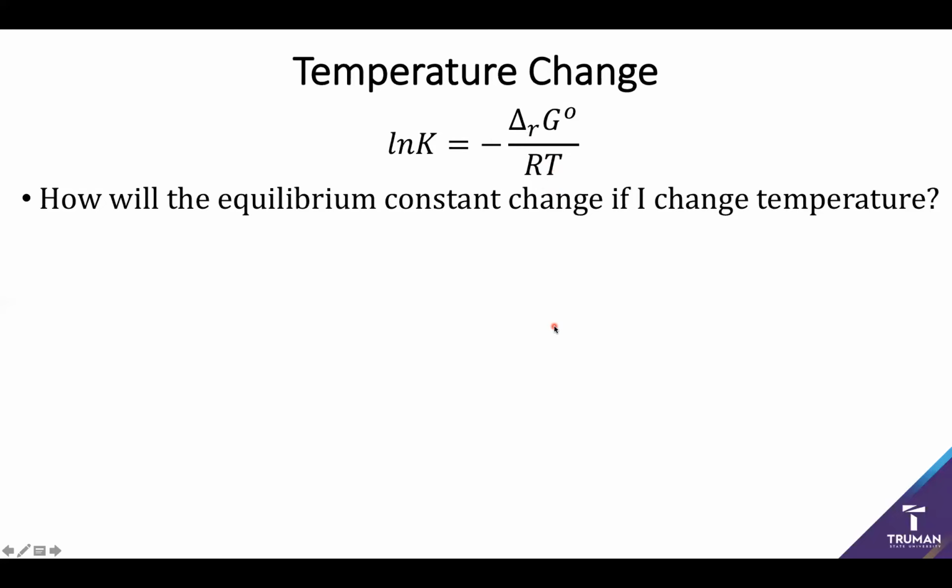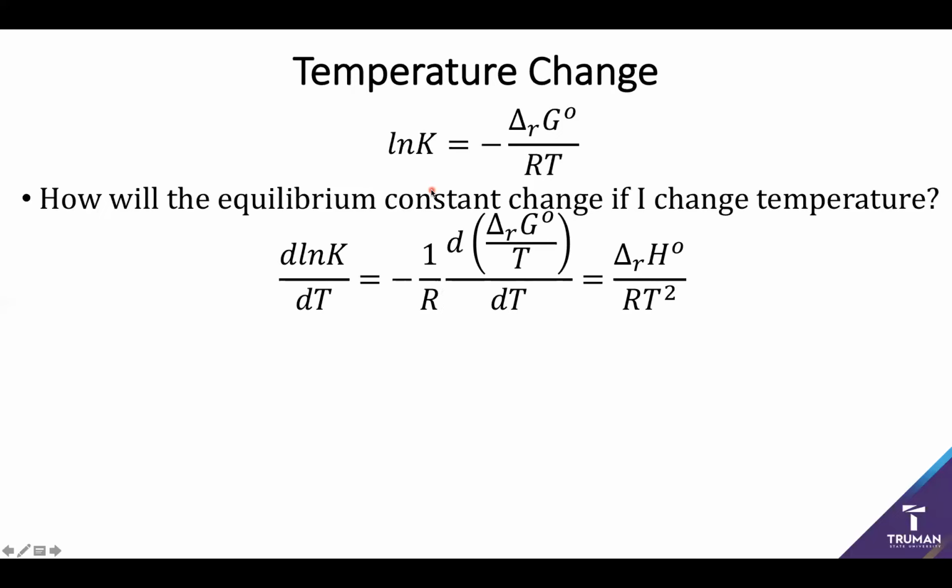And not too surprisingly, if I'm looking at how my equilibrium constant changes with temperature, my go-to dependency is going to be taking the first derivative. So I take the first derivative with respect to temperature. R is going to be a constant. And then we run into this pesky problem. I have an inverse relationship with temperature here, but we've also previously shown that reaction free energy also has a temperature dependency.